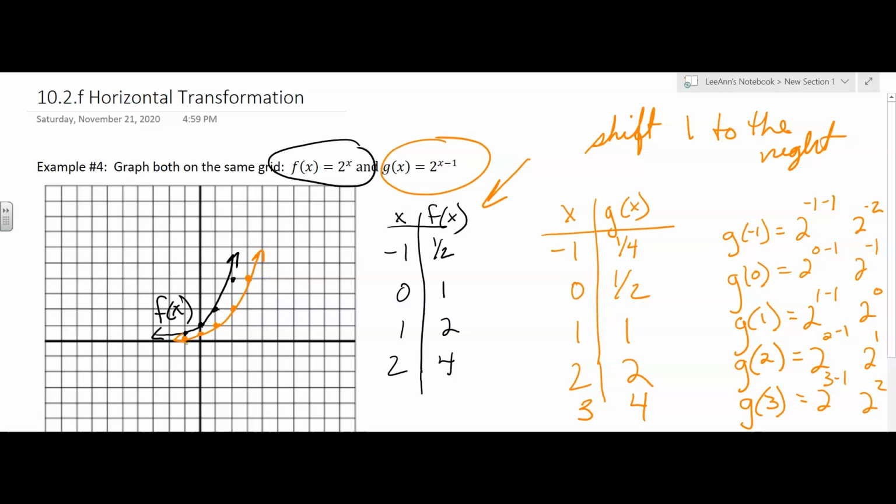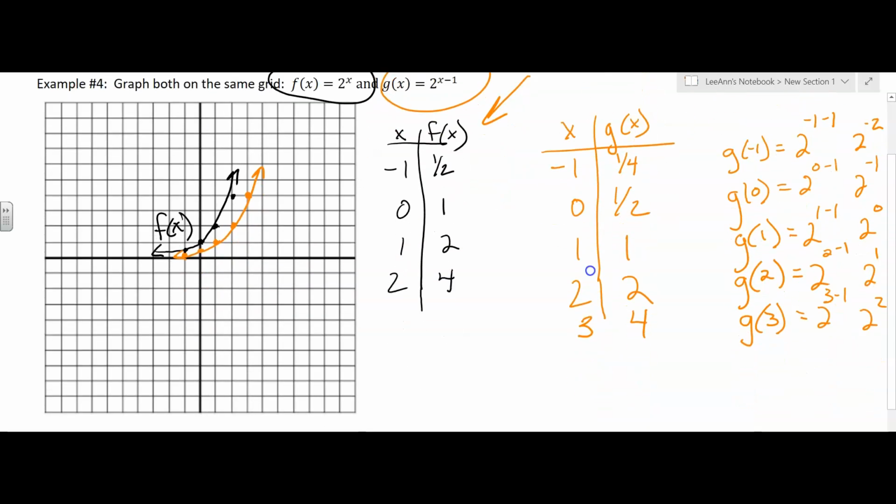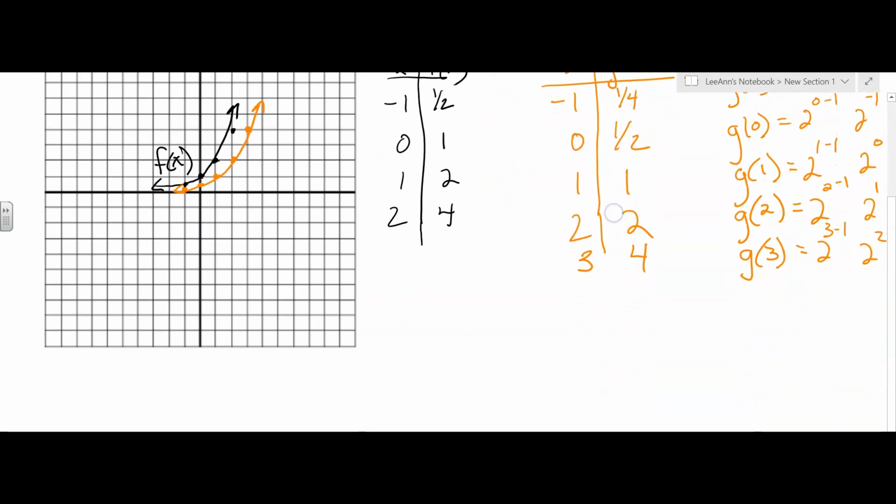Now, if we want to talk about the domain and the range and the x-intercept and stuff, some of those things are different. The domain is still all real numbers. The range is from 0 to infinity. It's still not going to cross the x-axis here. But the x-intercepts, there's none.